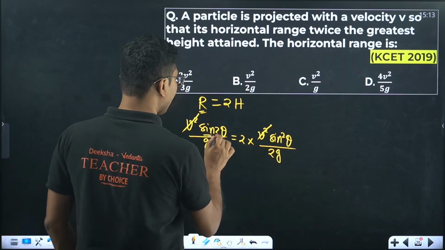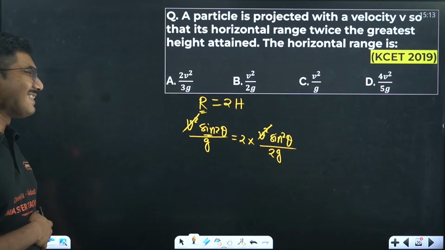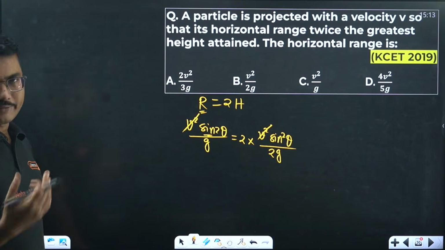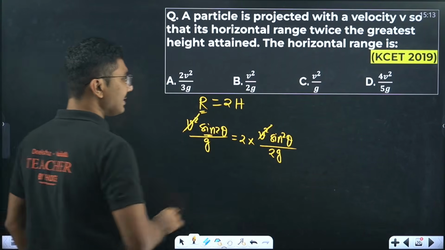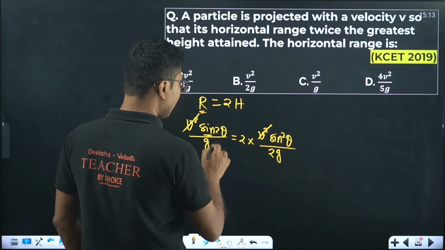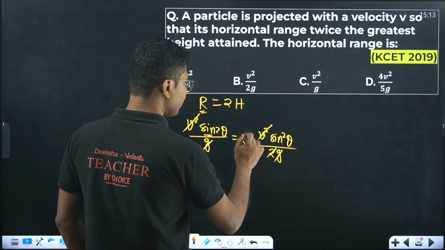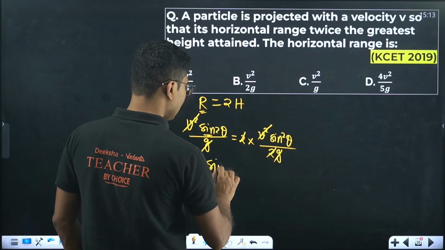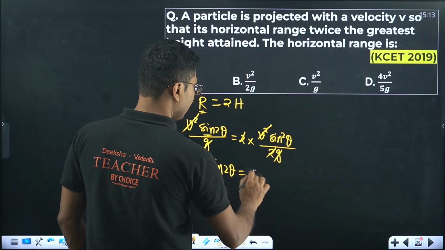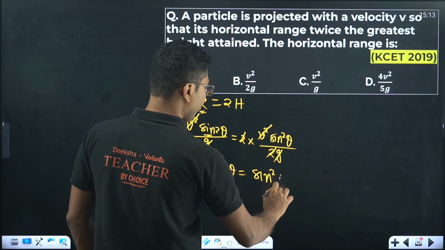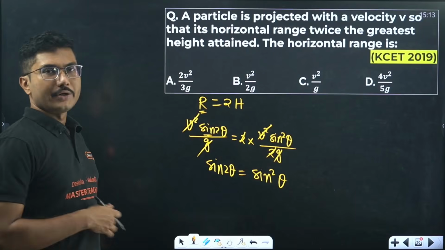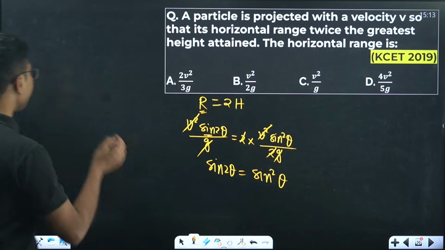We basically just need to find this sine 2 theta value. If you can find sine 2 theta, that will be very easy, but obviously you cannot do that directly. g cancels, these two also cancel, so we get sine 2 theta equals sine square theta. If you can somehow find this value, it will be very helpful.